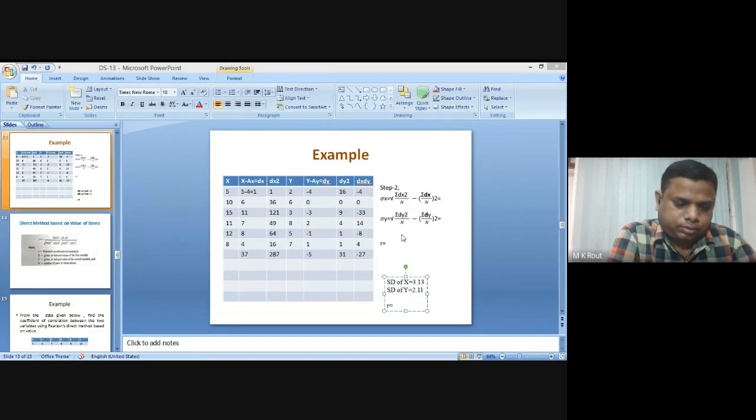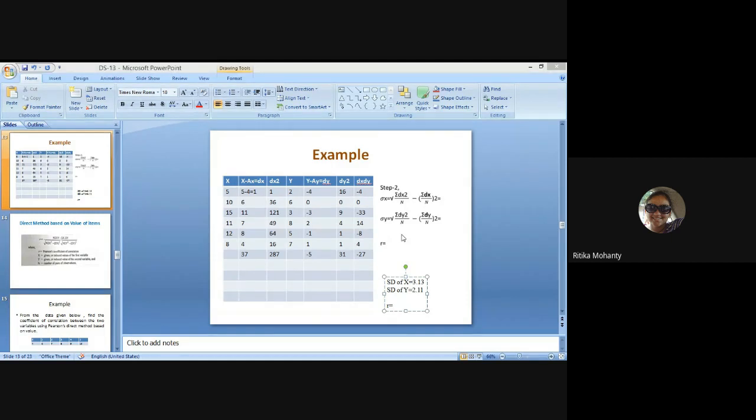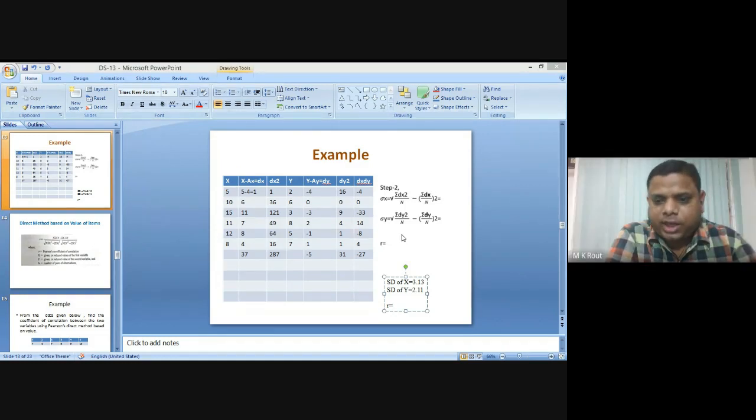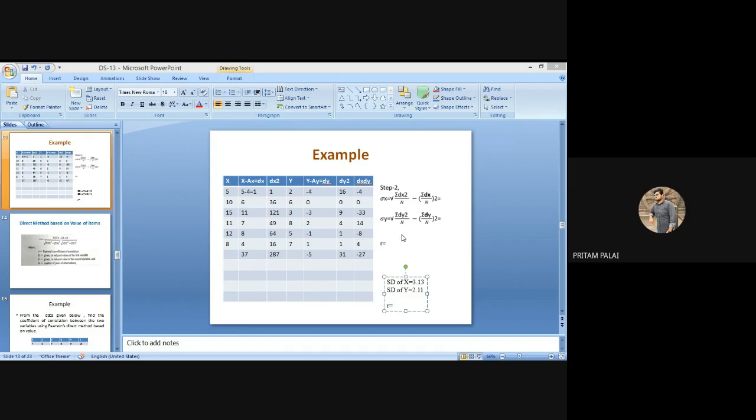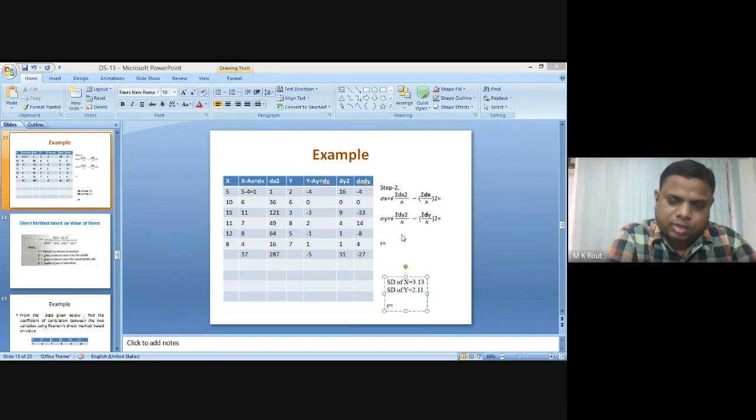Sir, that bracket one, summation of dx by n total square, is multiplied by 2? I'm not getting that. It is difficult to write the notations as per the formula. That is square. Under root is on the whole thing. In case of standard deviation with shortcut methods, it is difficult from my side to put the square root.